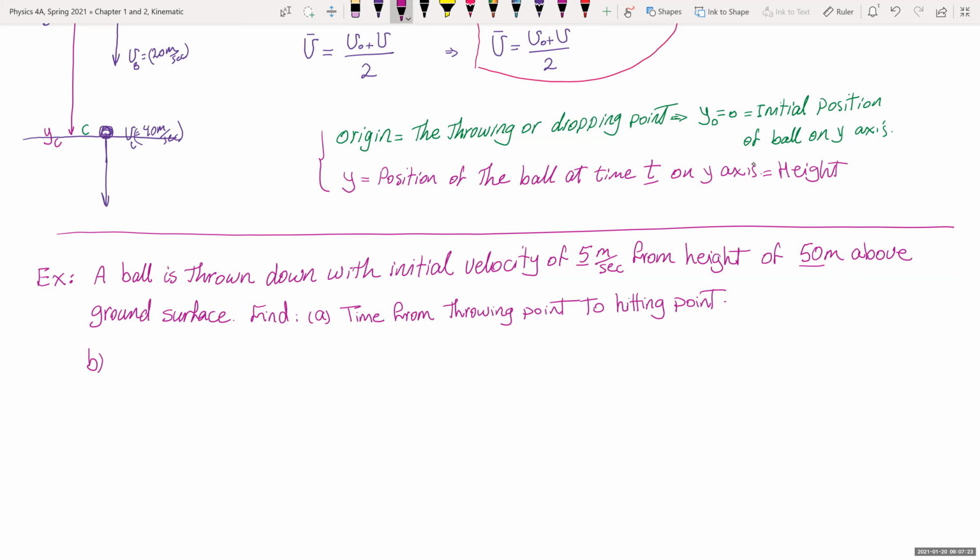Part B: what is the speed of the ball, or it's better to say velocity, just before it hits the ground?